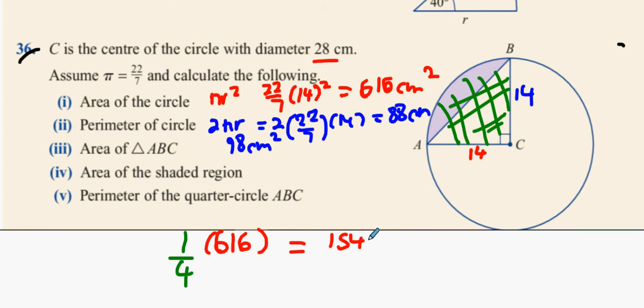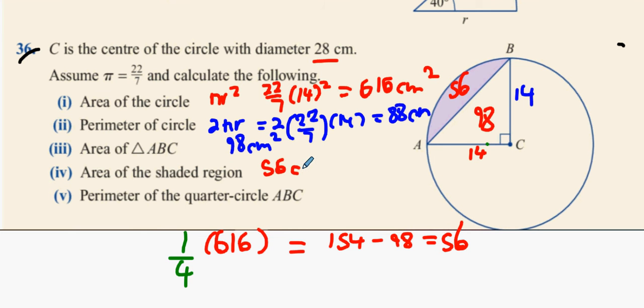Divided by 4 and you get 154. Now, in that 154, what's it broken up into? It's broken up into 98 for this part, and what about the other part? So 154 take away 98. Yeah, and that part must be 56 centimeters squared. Any questions?